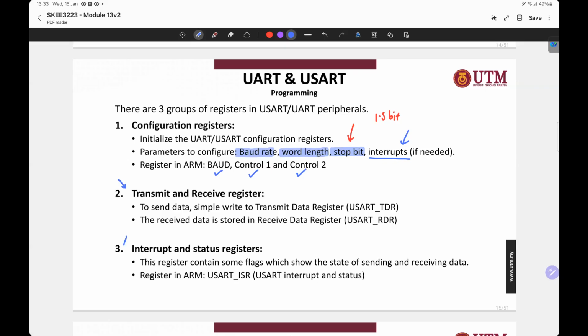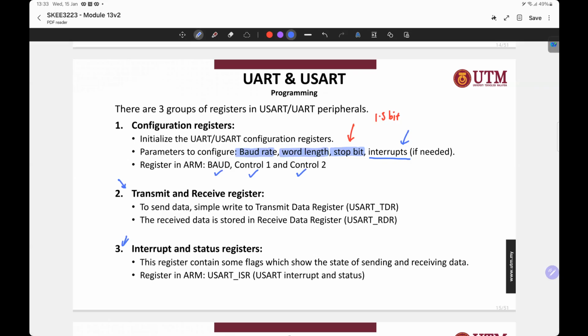And last but not least is the interrupt status register. This register contains some flags which show the state of sending and receiving the data. It will indicate whether the transmission is complete or not, so the flag will be updated accordingly. When the transmission is complete, the flag will be set. If the transmission is still not complete, the flag will be 0.